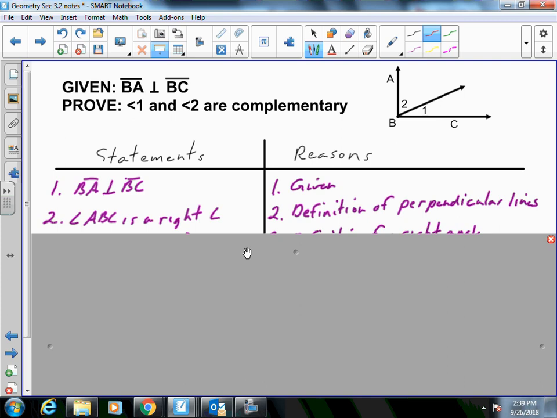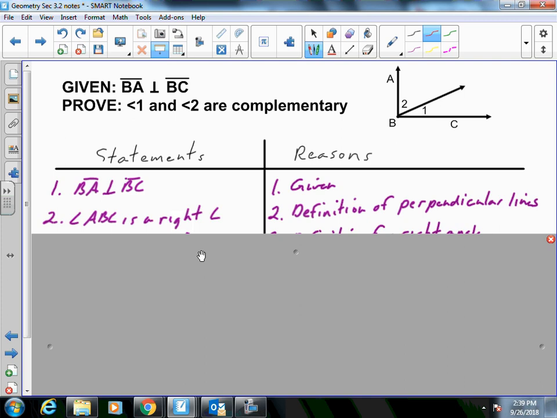Now, there isn't another piece of the given to go back and get, so we've got to keep building our information one piece at a time here. So if angle ABC is a right angle, what else do we know about angle ABC? What does it mean for it to be a right angle? It's 90 degrees.